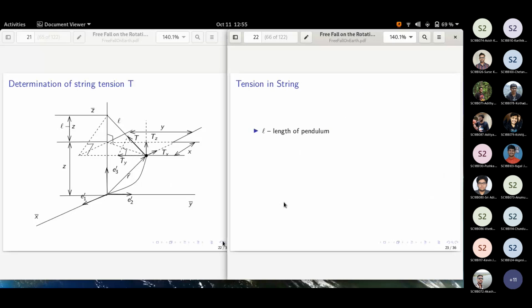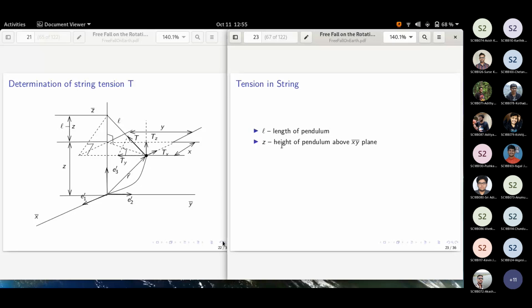We make these assumptions: L is the length of the pendulum, and Z is the height of the pendulum at a point. The perspective may not be very good here, but the height of the pendulum above the XY plane is denoted by Z. For that, a perpendicular has been dropped to the z-axis from the mass point, and then you measure the height from the origin along the z-axis.